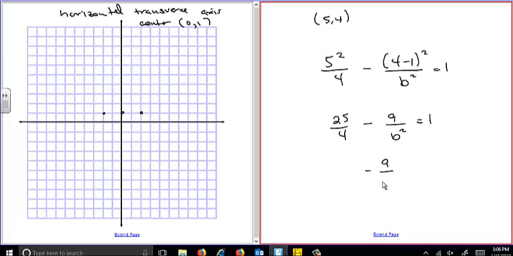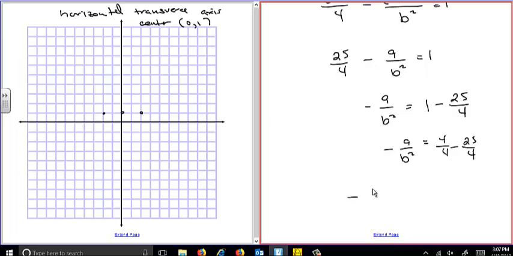Let's subtract 25 fourths from both sides. So that's 4 fourths minus 25 fourths. Here we get negative 9 over b squared is equal to negative 21 over 4, since 4 minus 25 is negative 21.